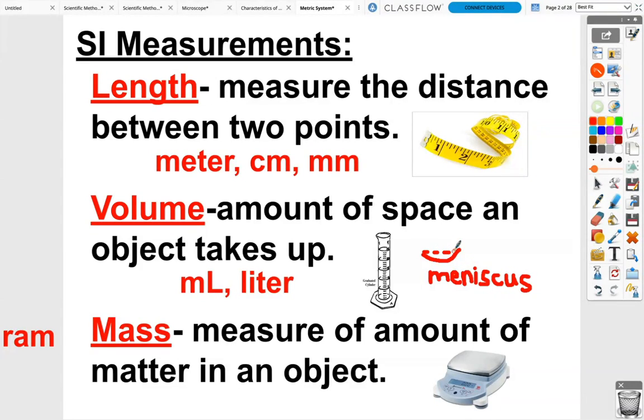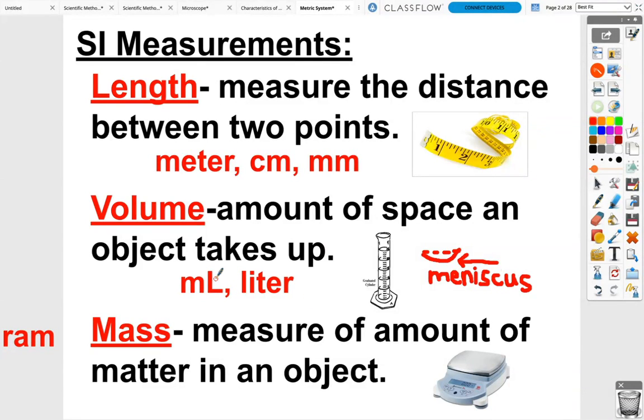But if you read from that top line, you're going to get an inaccurate measurement. So the best way to read a meniscus is actually to read from that bottom curvature of that meniscus. And like I said, if you're using a glass graduated cylinder, you'll probably see that meniscus. If you're using a plastic graduated cylinder, you may not see that meniscus.